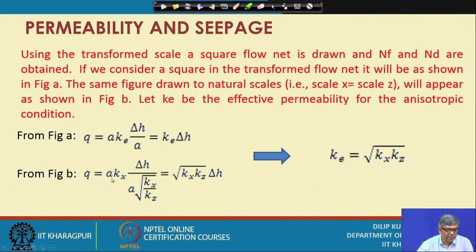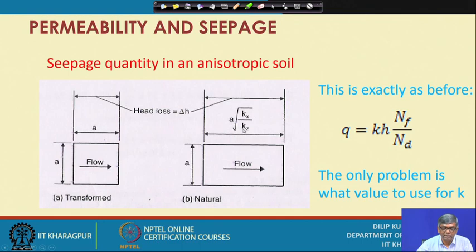becomes A times, again the same, because the flow takes place through height A, which is the same, and K x is the permeability, and delta H is the head loss, and the distance over which the head loss is taking place is A times root of K x by K z in figure B. So, this is the distance x.